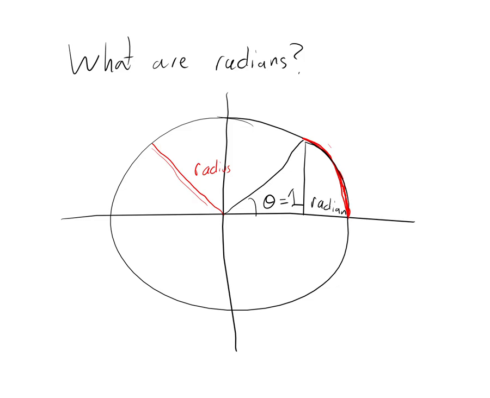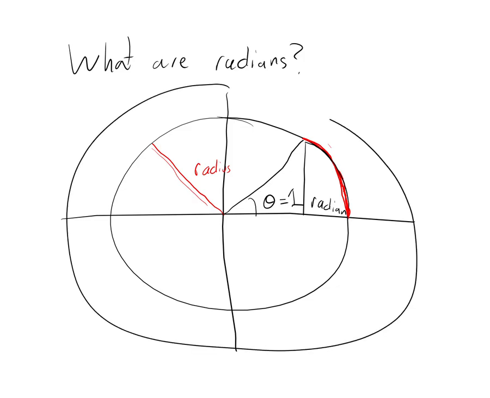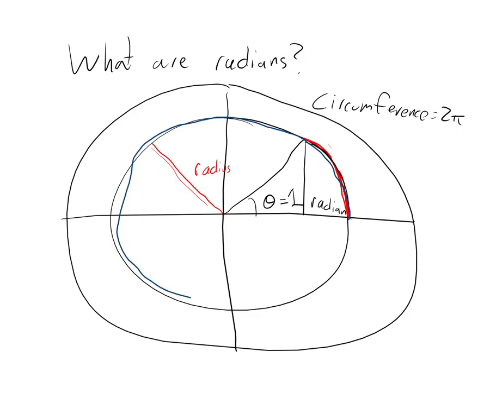Now, we know a full circle, the circumference is 2 pi, which means if we started here, let's go blue, and we traced out 2 pi radians, we would go all the way around the circle, and we would wind up exactly where we are.